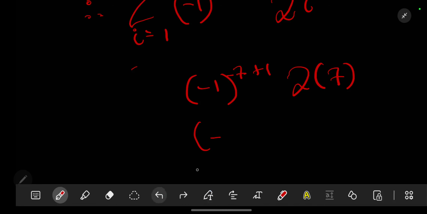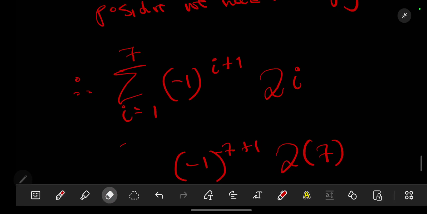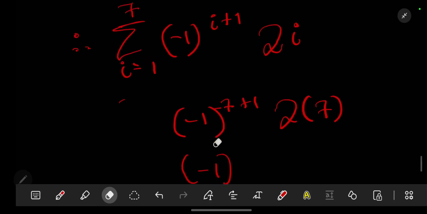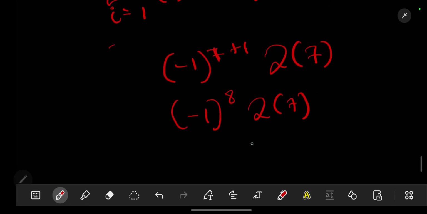So we are going to have -1 like that to the power of... why did I put the negative here? This is the changing one, not the negative here. So we have our 7 plus 1, it will be 8, times 2 times 7, which will give us 14 times -1 to the power of an even number.